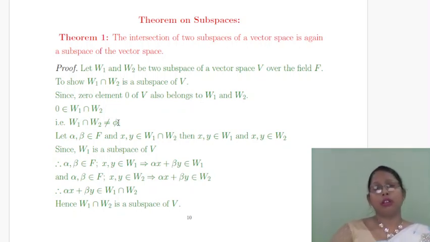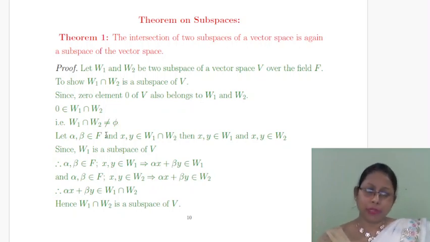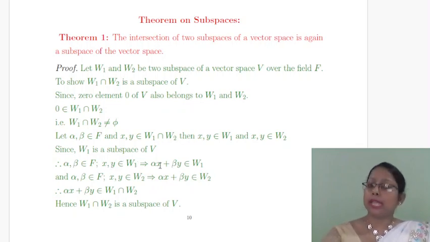If the intersection is not empty, we will proceed with the proof. We consider alpha, beta belonging to F, and x, y belonging to their intersection. Then x, y belong to W1 and x, y belong to W2. Since W1 is a subspace of the vector space V, alpha, beta belonging to F and x, y belonging to W1 implies alpha x plus beta y belongs to W1.